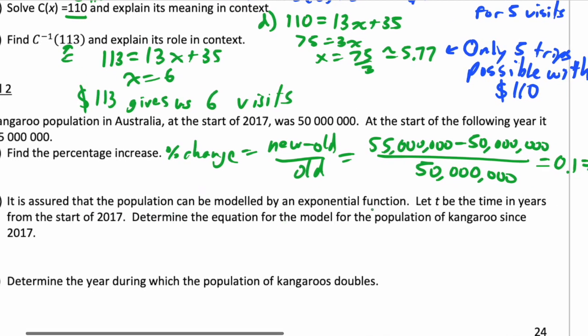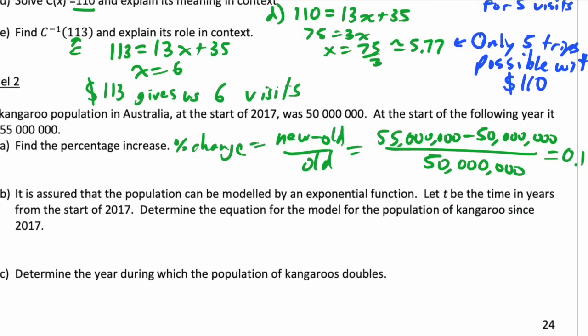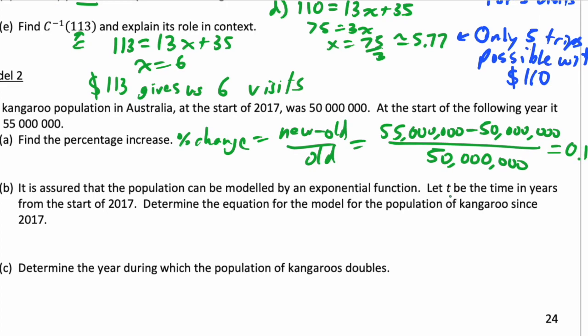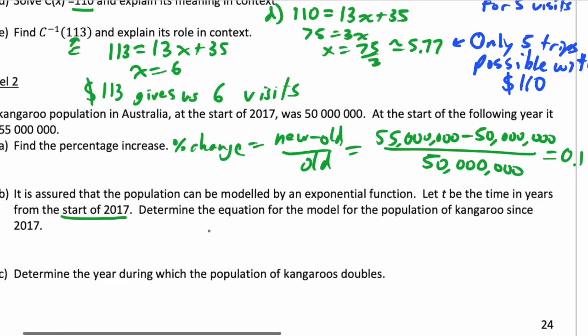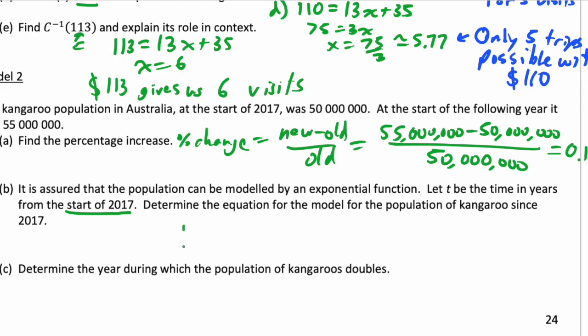Now, if it's going to be 10% every year, and we let t equal the time since the start of 2017, find an equation. So this is going to be an exponential model. Let P be the population of kangaroos.